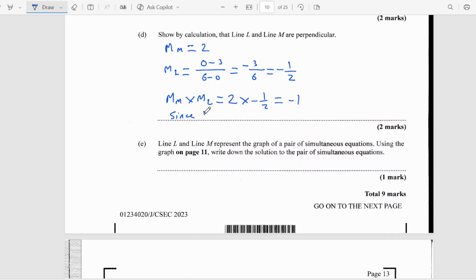So since the product of gradient of M and gradient of L is equal to -1, they are perpendicular, right? I just use the symbol for perpendicular.